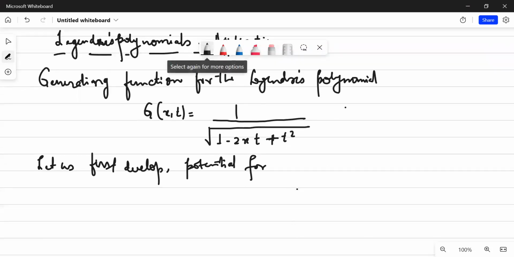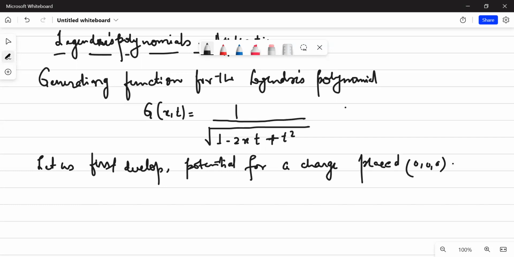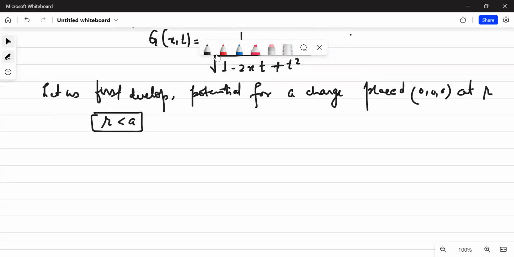So let us develop the potential for a charge placed at some point, let's say 0, 0, a, at a distance r, where r is less than a. Now we have to find the potential due to a charge placed at 0, 0, a.